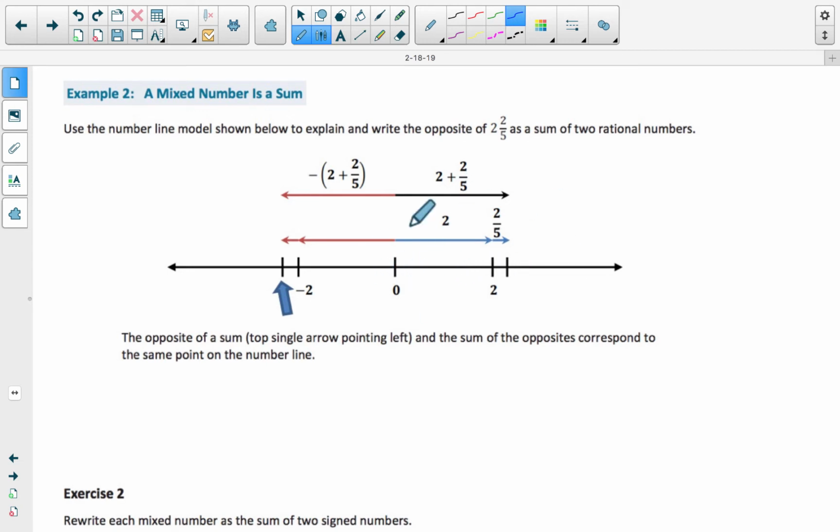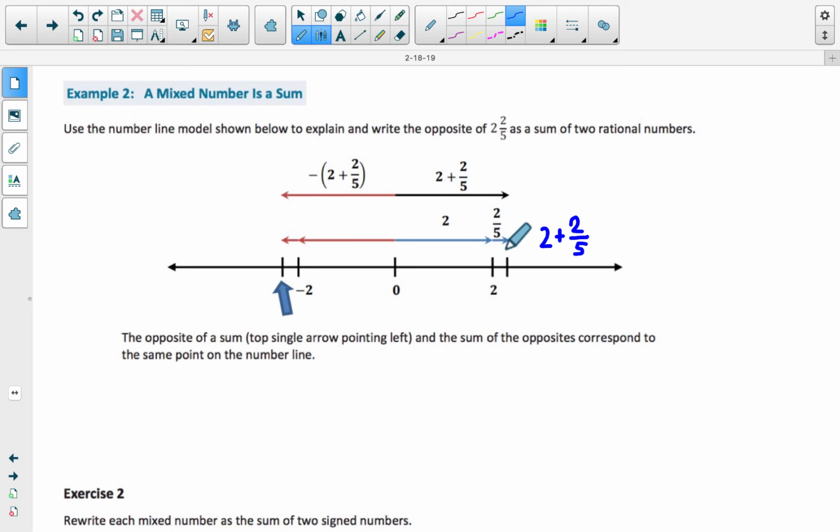If we are looking at 2 2/5 on a number line or just in general, you can look at it as essentially 2 plus 2/5. That's what gets the 2 2/5, and they're kind of just shoved together as one mixed number. Okay? So if we're here, you go 2 to get to 2, and then there's an extra 2/5, making up the 2 2/5.